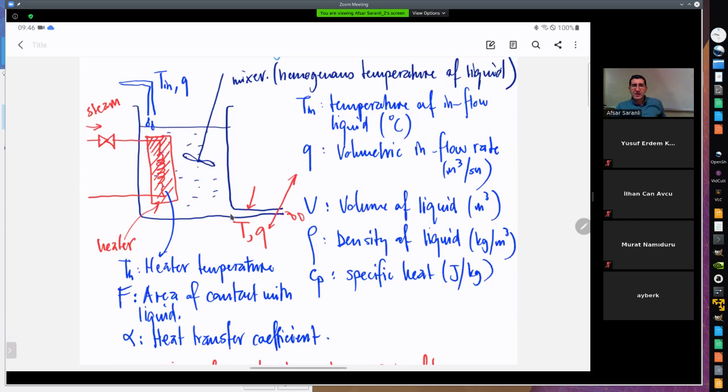Okay, so there is inflow of liquid with a variable temperature T in, and there is an outflow of liquid with a temperature T, and we are interested in the dynamics of this system. That means how all the variables inside the system affect this output temperature T.